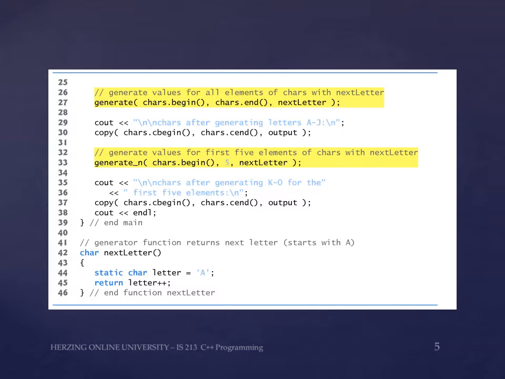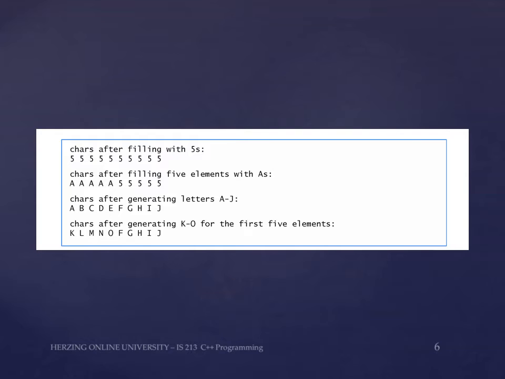Notice that the iterator supplied as the first argument must be at least an output iterator. So here we looked at the generate algorithm, and in the previous slide we looked at the fill and fill_n algorithms. And this is the output of the program.